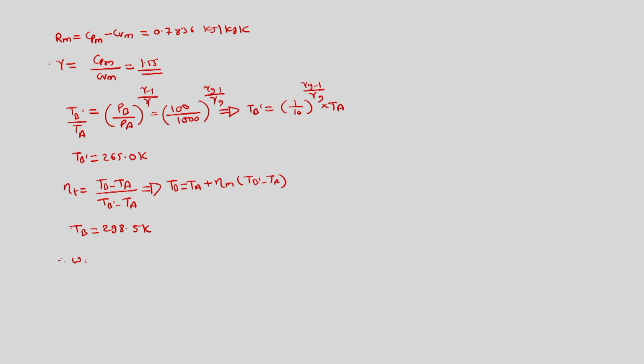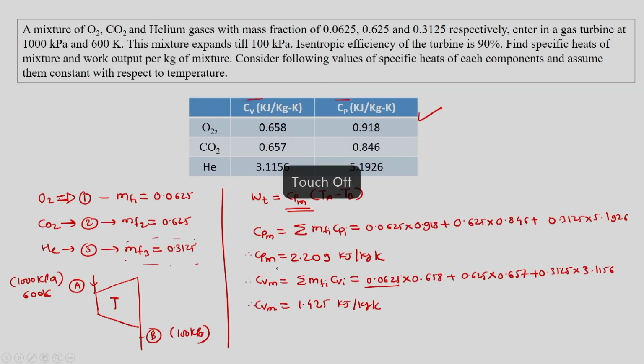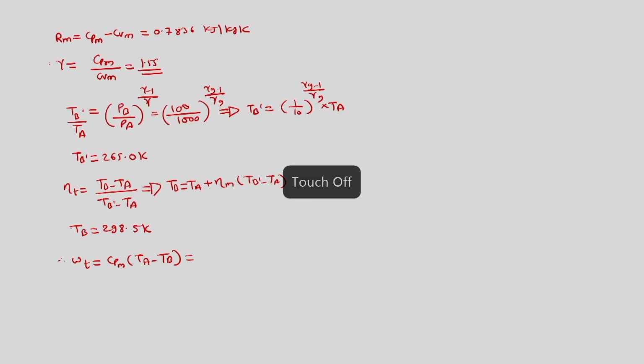So now we can find out turbine work is equal to Cp mixture into Ta minus Tb. We know Ta is 600 Kelvin, and Tb is 298 Kelvin. Using that we find Cp into Ta minus Tb, and we get work output equal to 666 kilojoule per kg.